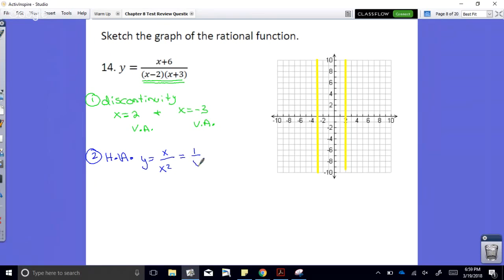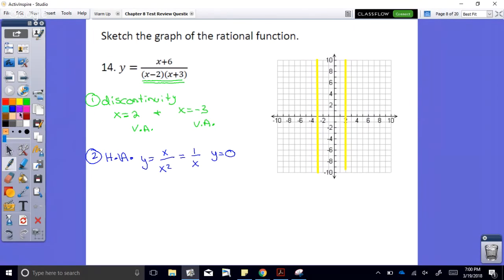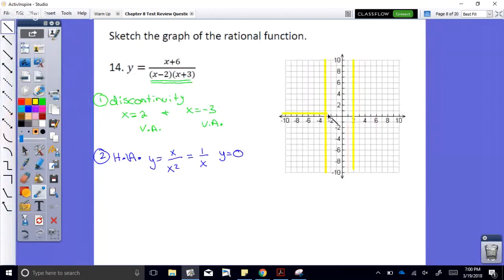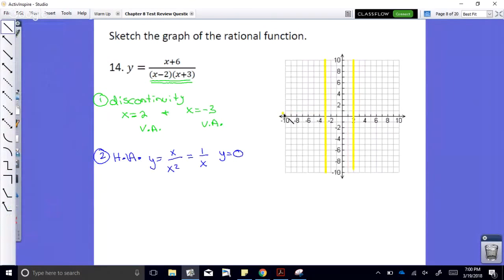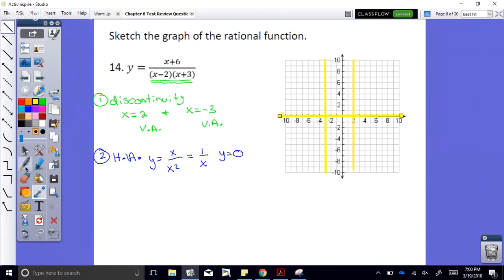And that's going to give you a 1 over x. Anytime we said we have a number over x, we're going to have a horizontal asymptote at y equals 0. So I'm now going to graph a horizontal asymptote at y equals 0, or the x-axis.